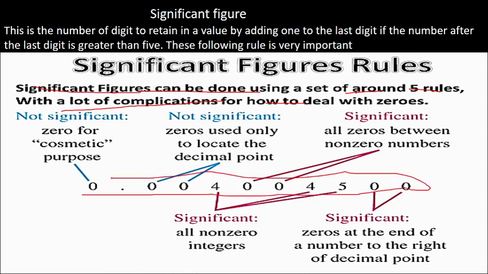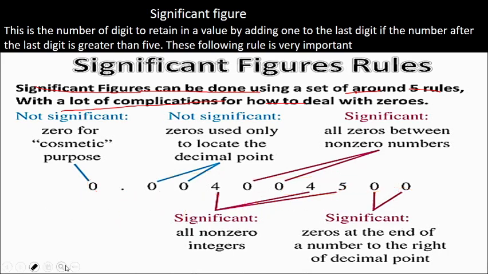Look at this basic number. This is 0.004. So we are trying to look at which ones are significant.